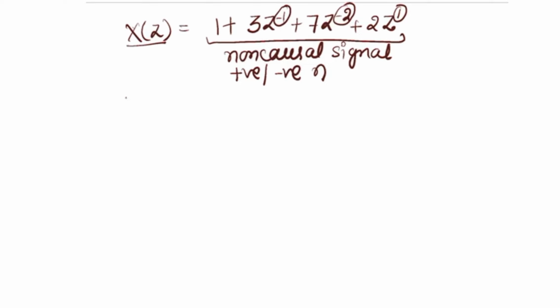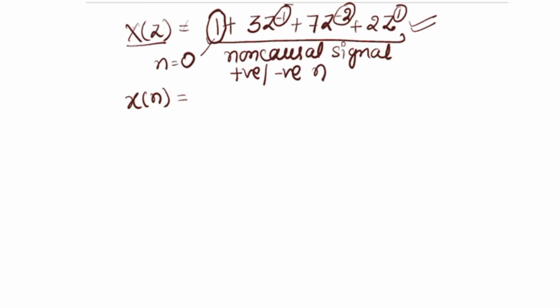When we find the inverse Z transform by inspection, just by observing these powers, we know the constant term represents the n = 0 value.